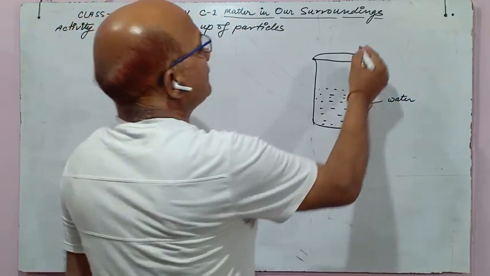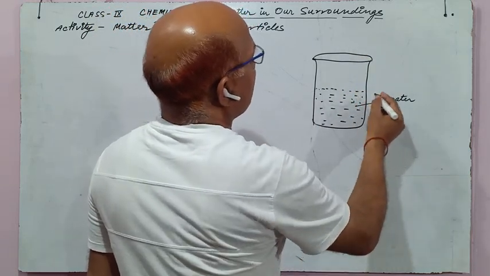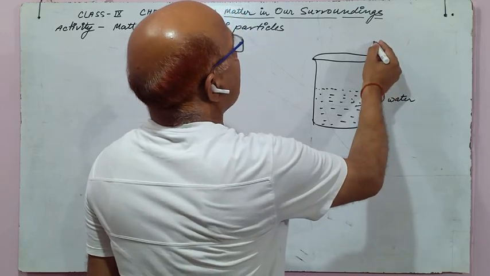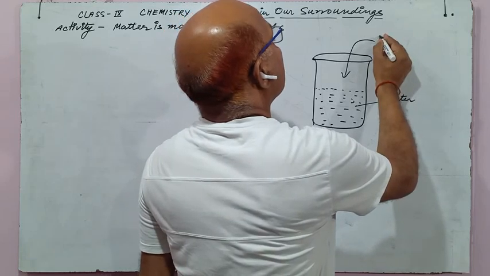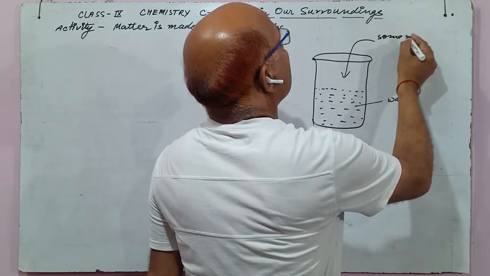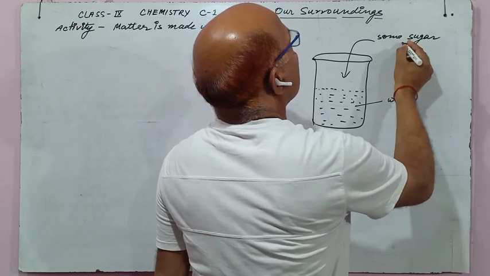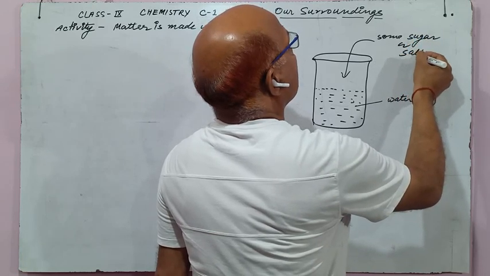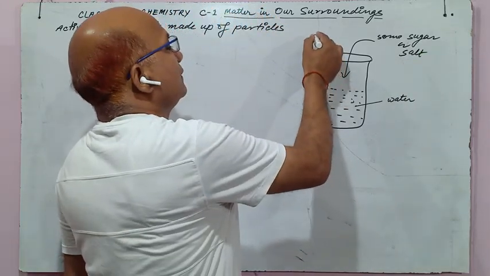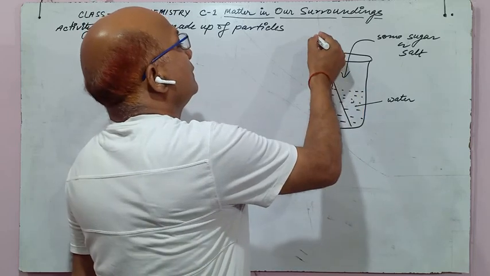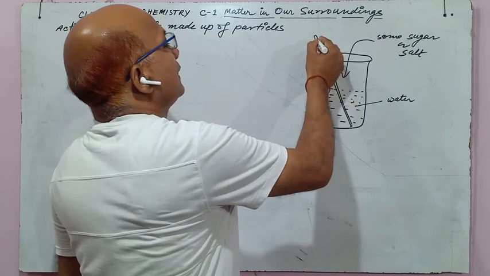Now note the level of water in the second step, and then we will add some sugar or salt in the beaker and dissolve it with the help of a glass rod.